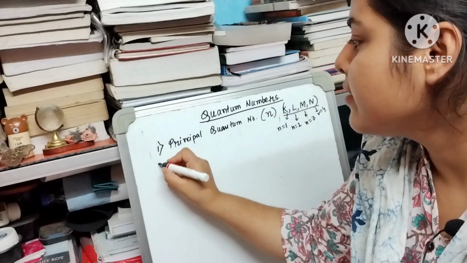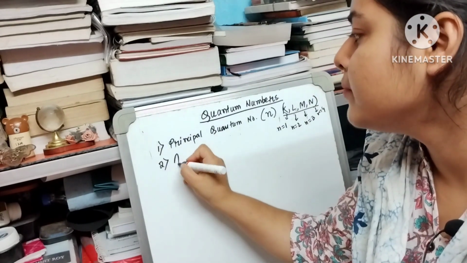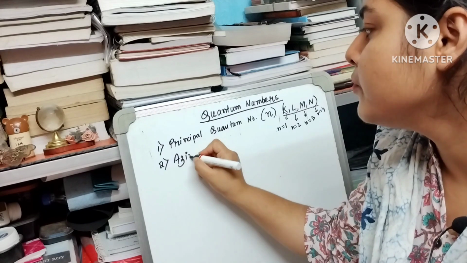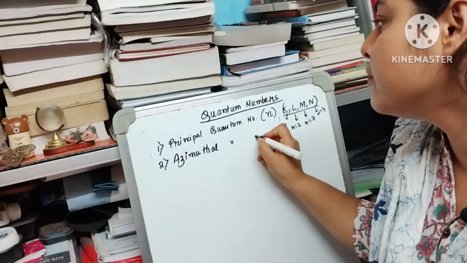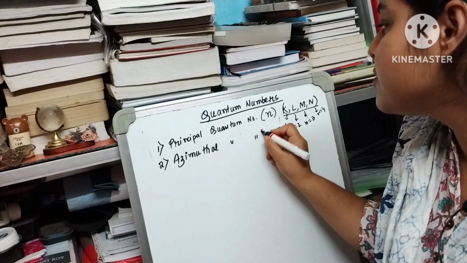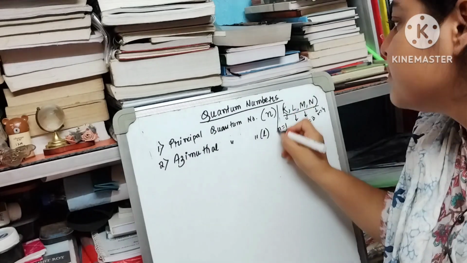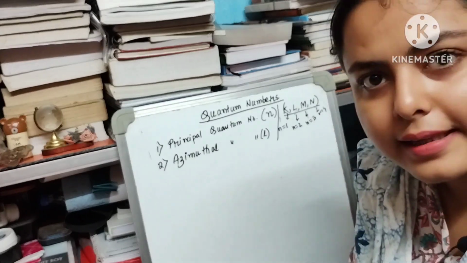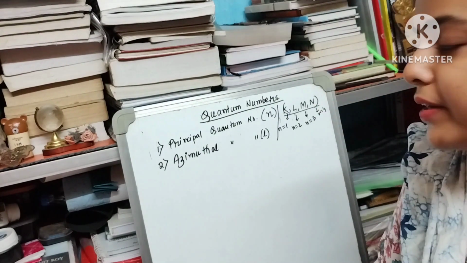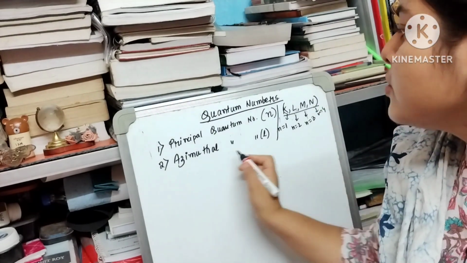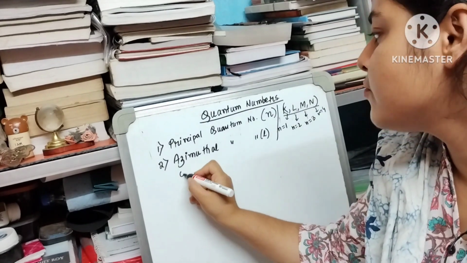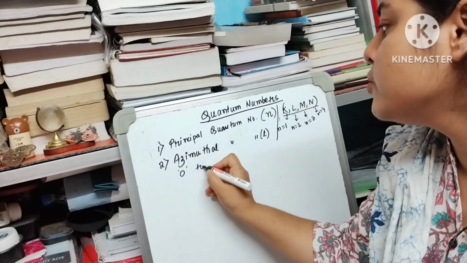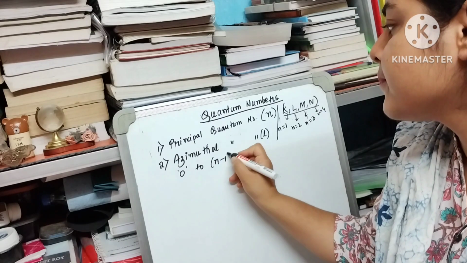The second one is the azimuthal quantum number, which is represented by the letter small l. Also note that the value of l is from 0 to n minus 1.